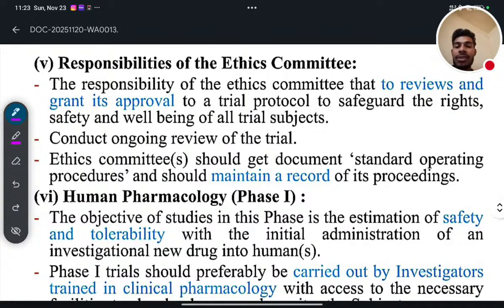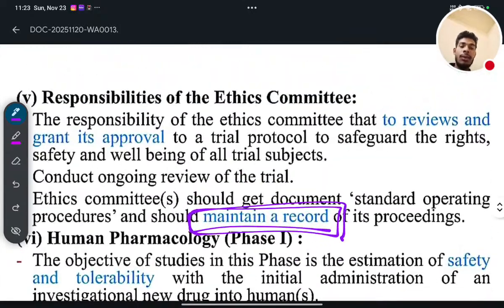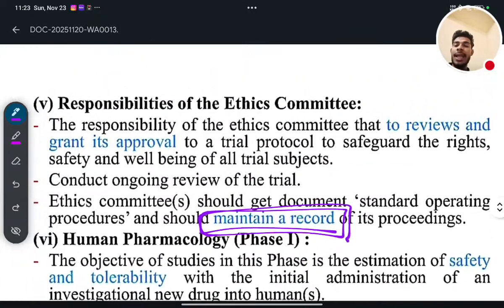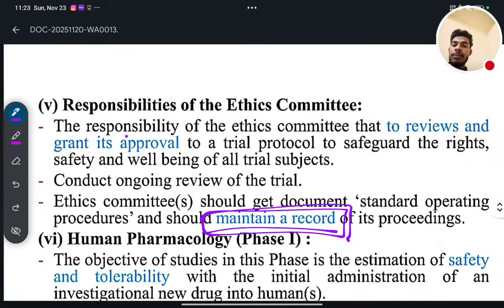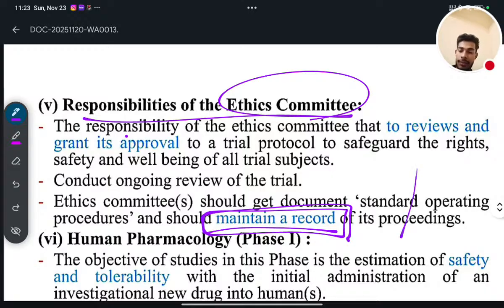The ethics committee should document standard operating procedures and should maintain the records. Maintaining records by the ethics committee is important. And who will review and grant the approval? The ethics committee, to the trial protocol.